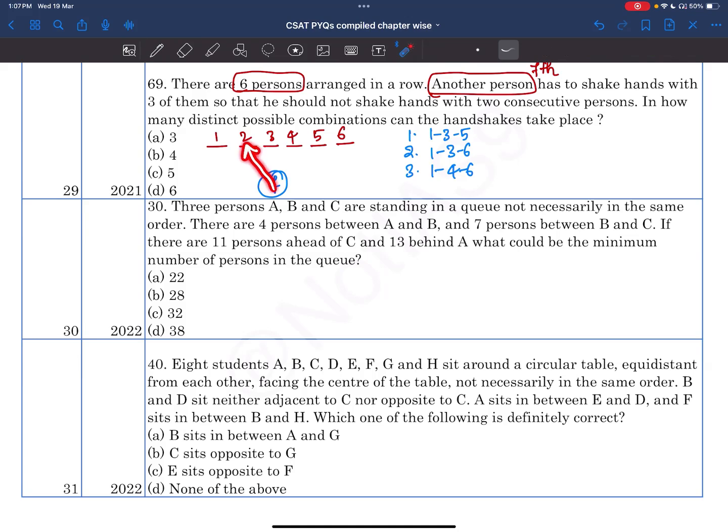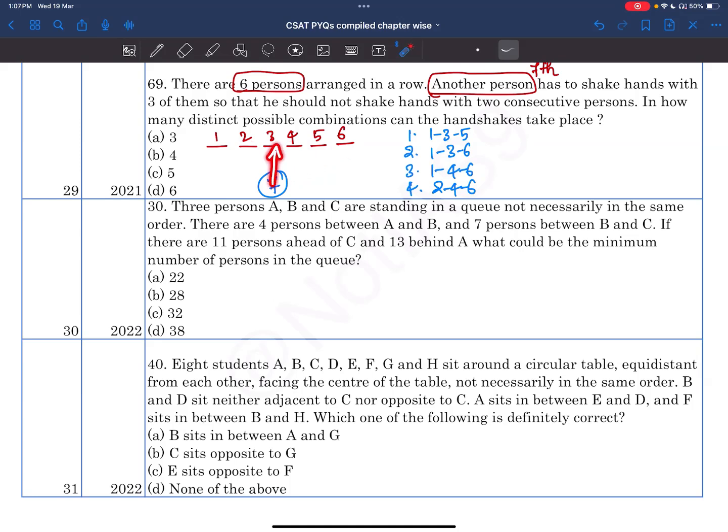Now see, 2, 4, and 6. If we take 2, definitely we have to take 4, definitely 6. Right? That means all the combinations with 2 are done.